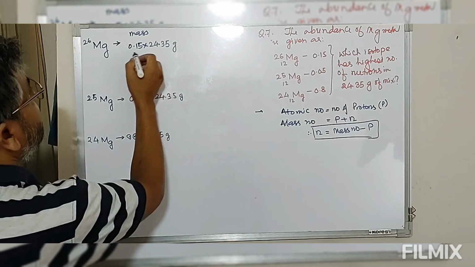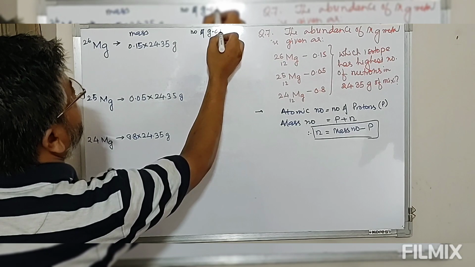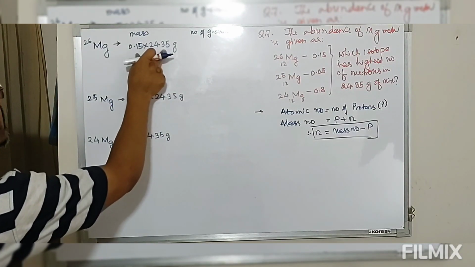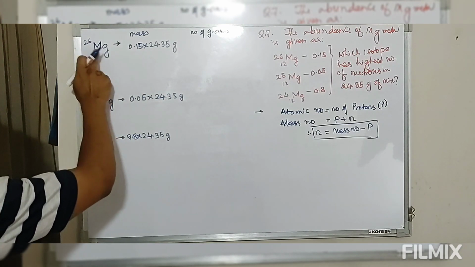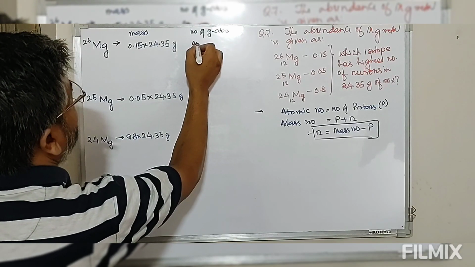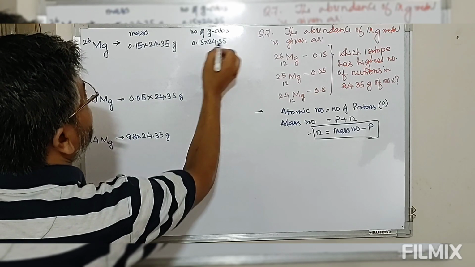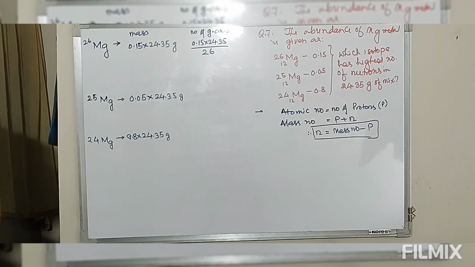The total mass of 1 gram atom of magnesium 26 is 26, so the number of gram atoms is 0.15 into 24.35 divided by 26. This is the number of gram atoms of isotope 26.